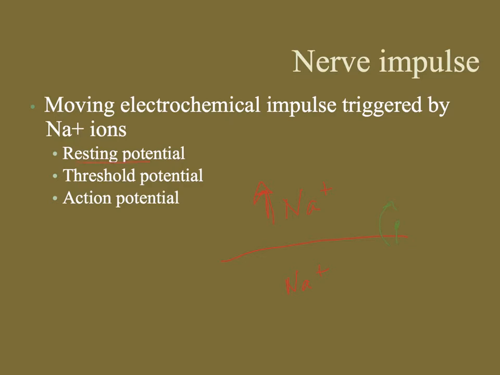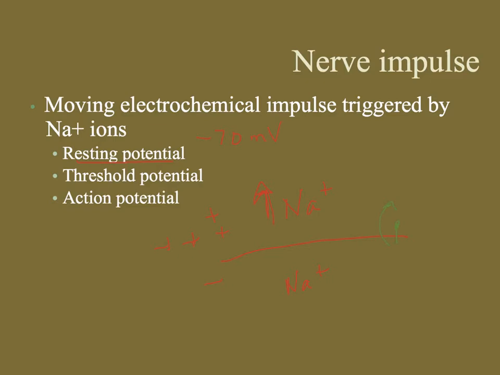There's a difference in ions, much more positive out here than inside. So we have a positive and negative difference, like a concentration difference, but it's a difference in charges. So it becomes an electrical difference of about a negative 70 millivolts, and you don't need to necessarily memorize that number.